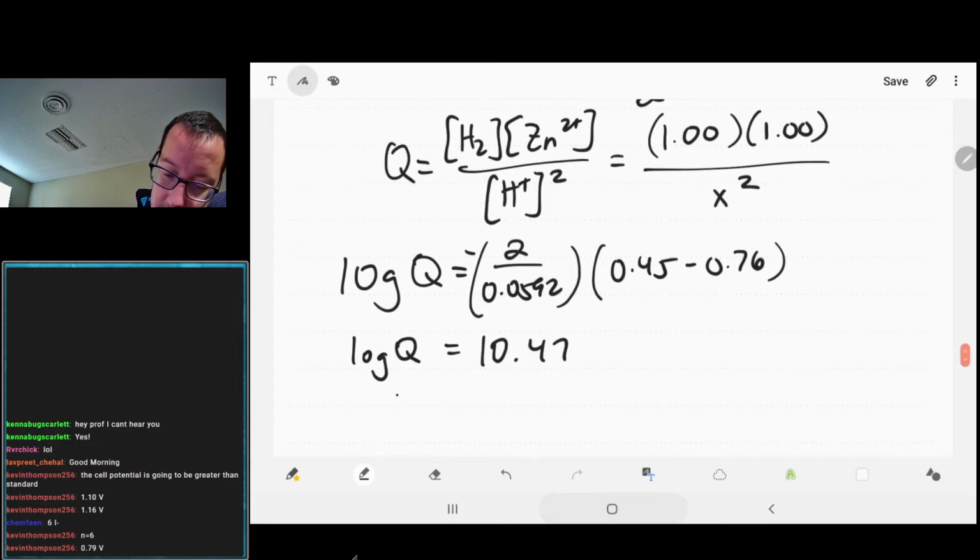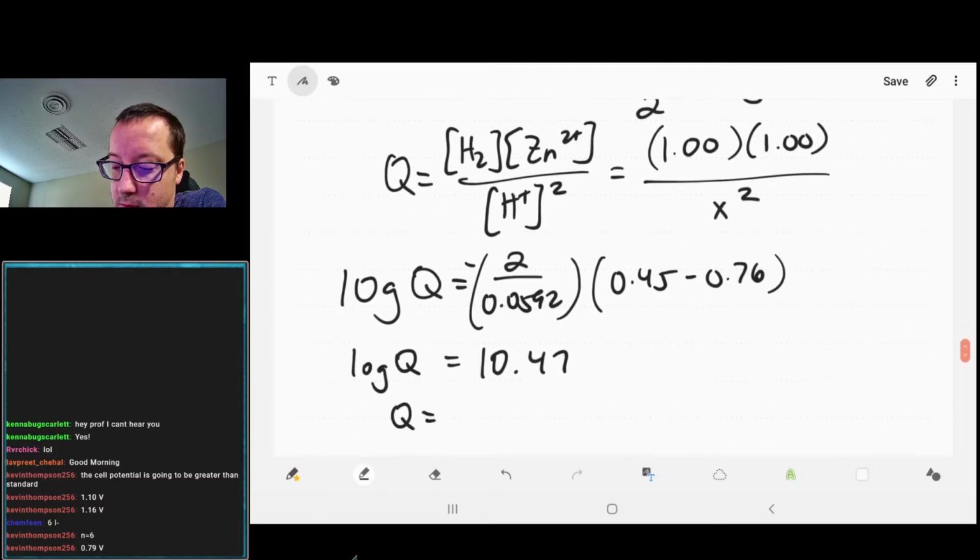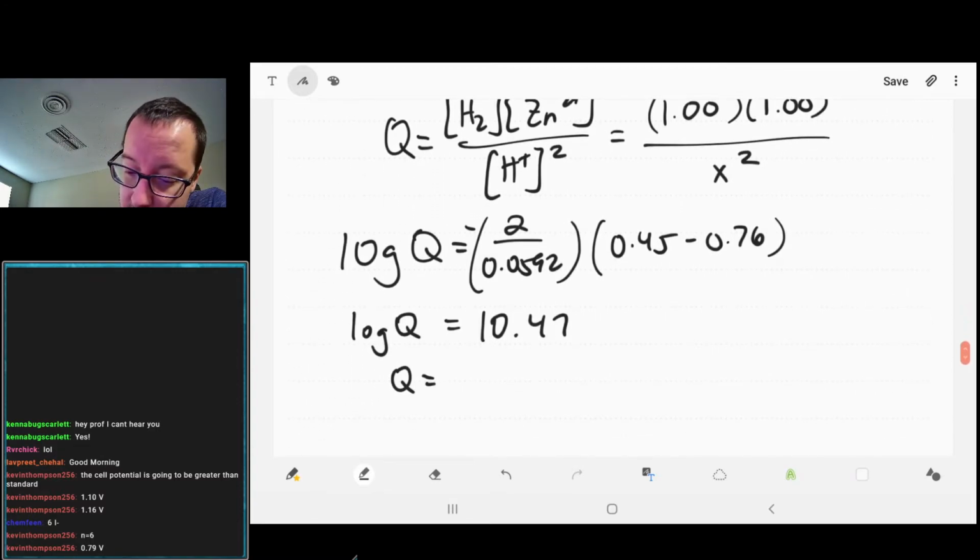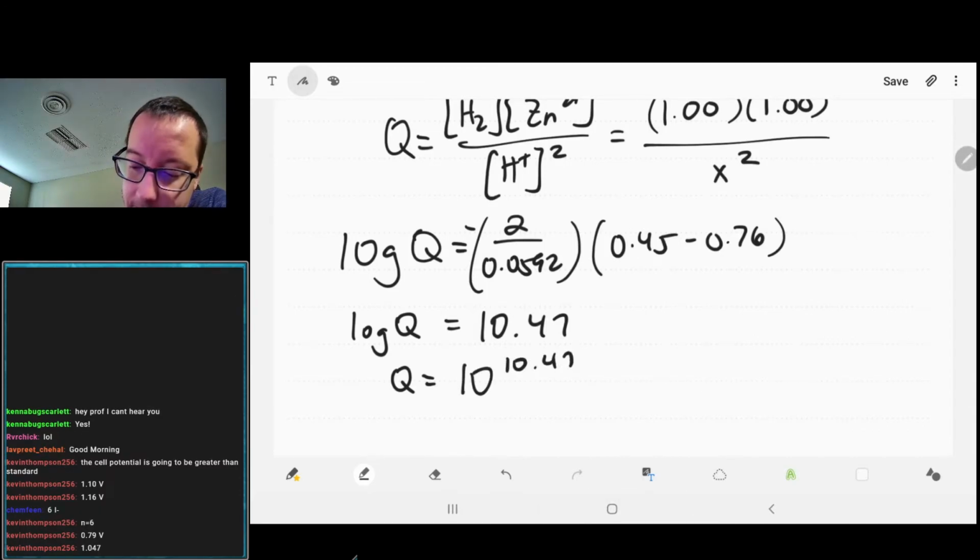So Q equals, I think I've done the math wrong here. Let me see. 2 divided by that times that. Okay, well, whatever we get. So Q is going to equal 10 to the 10.47, which is going to be 1 over x squared.